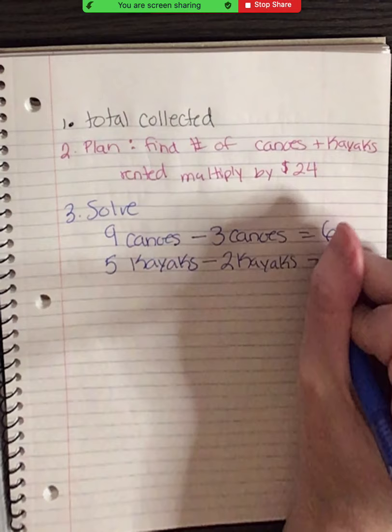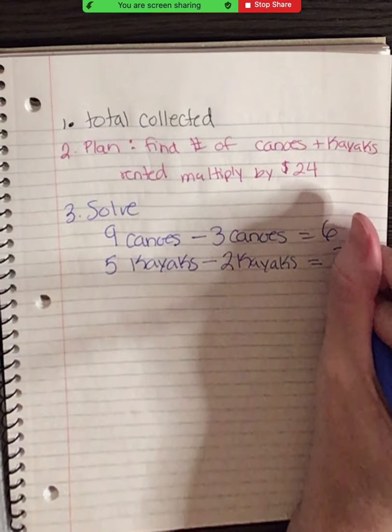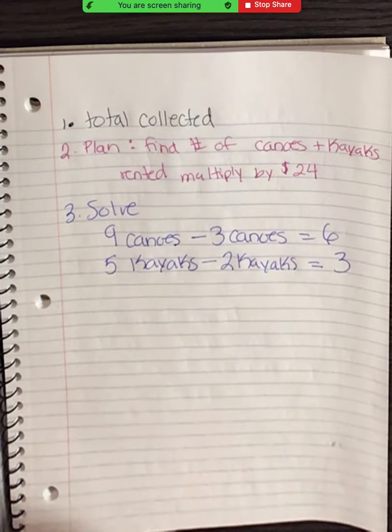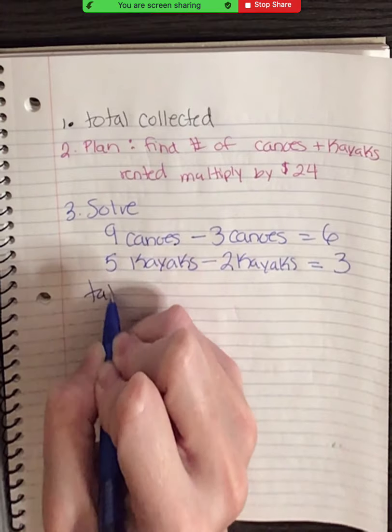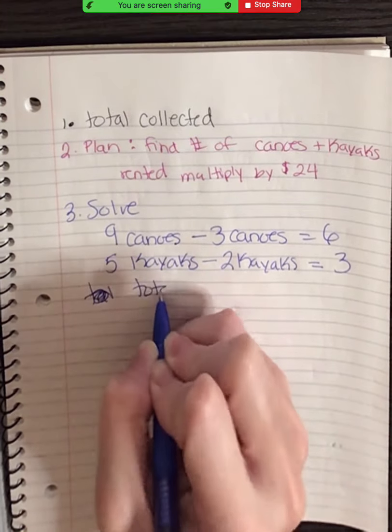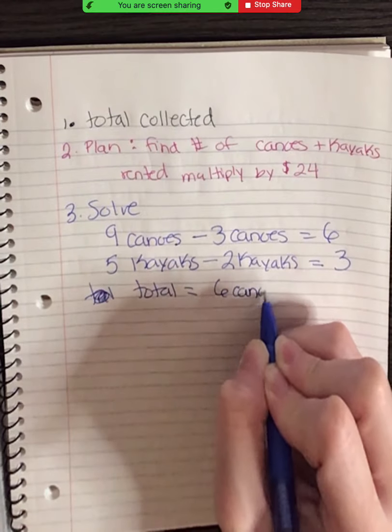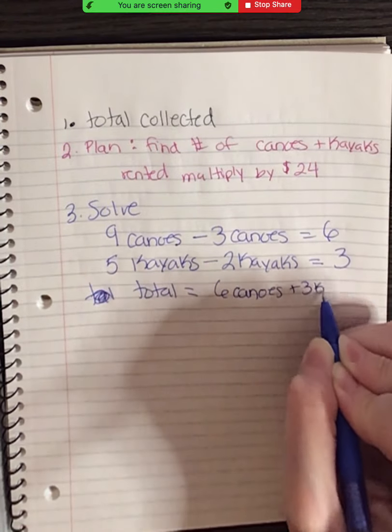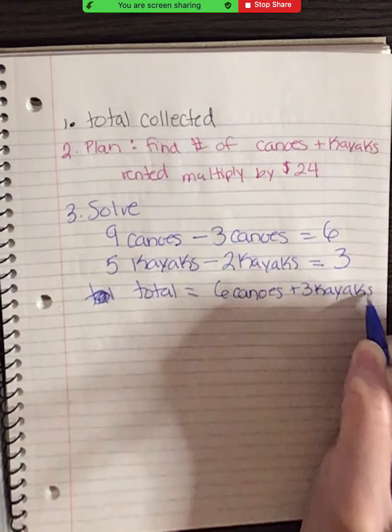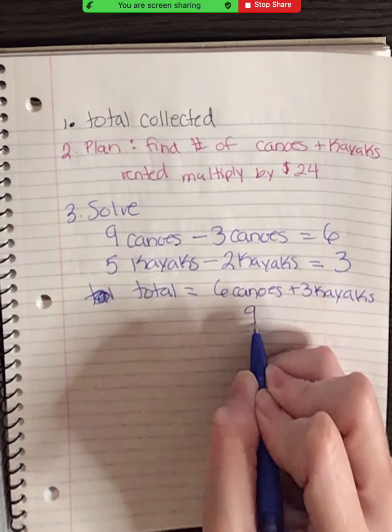So that tells us that 3 were. So we have a total of 6 canoes and 3 kayaks rented on a given day, so 9 total.